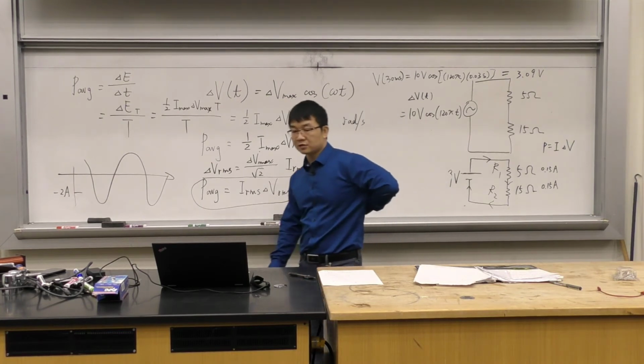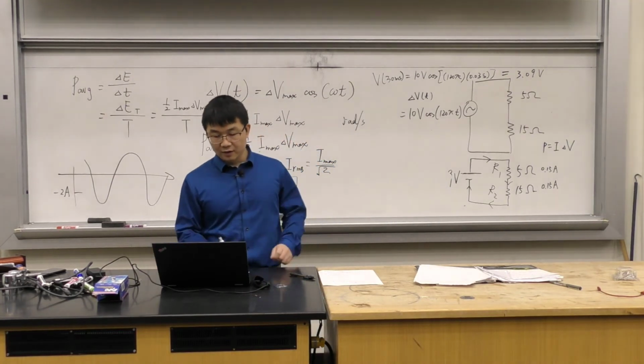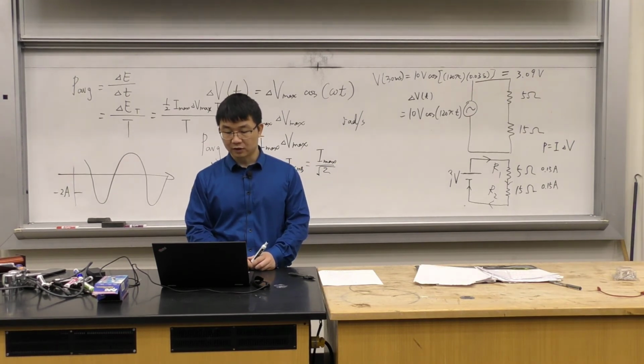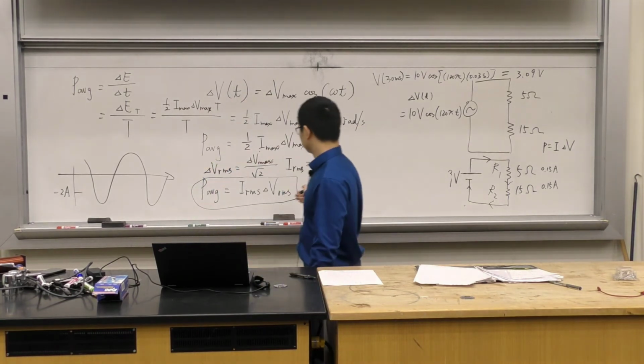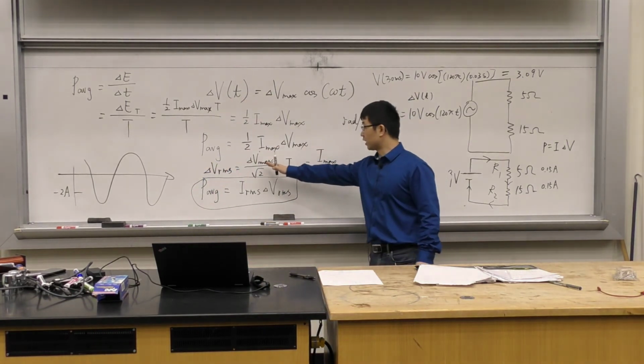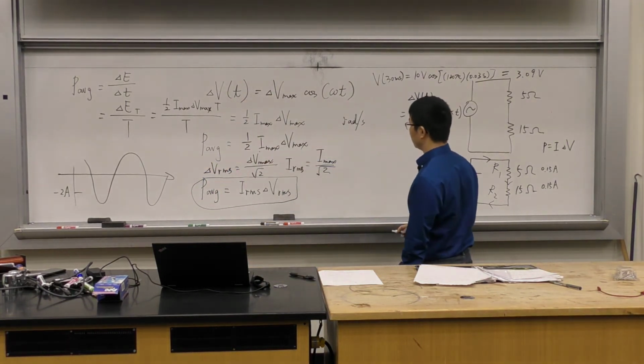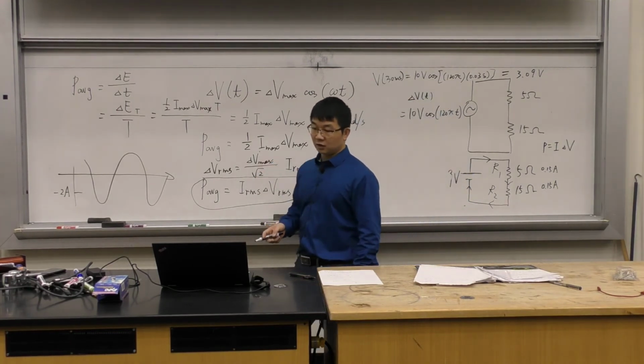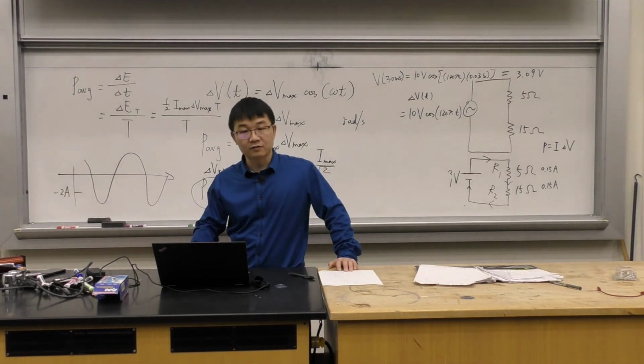If that's the RMS value, 120, then what is the actual maximum value of this voltage you get from this wall outlet? You can use this equation to find Vmax, right? So if the RMS value is 120, you rearrange this equation, the Vmax is going to be 170, right?